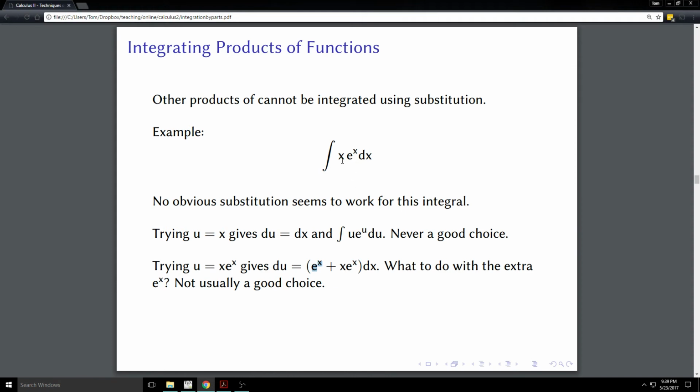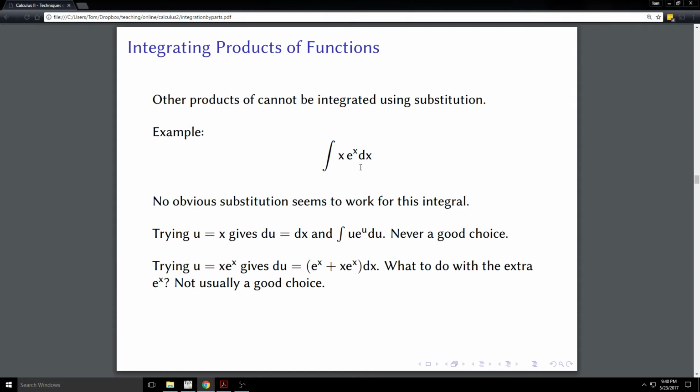Remember, every single occurrence of x will have to be converted over to some occurrence of u using these two equations right here, and that just turns out to be kind of difficult. You actually can force this to work with a little trick, but I'm not going to go over the details of it.